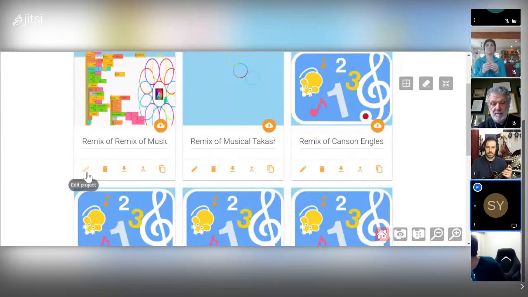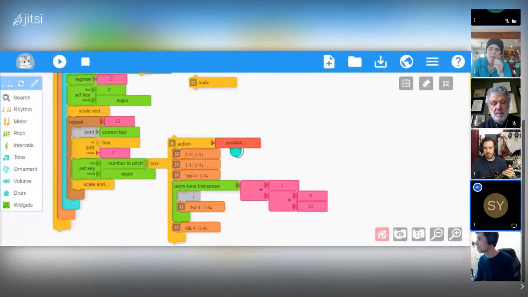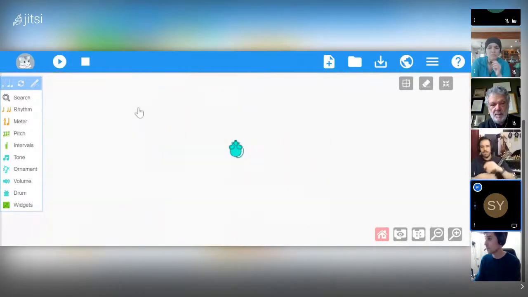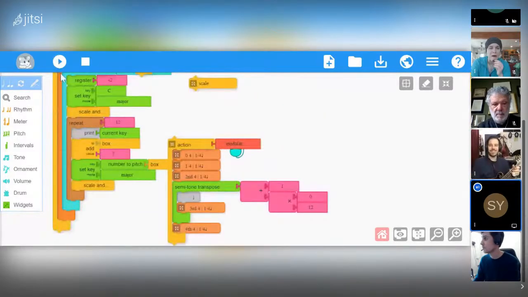So I'm going to be showing a transcription of Kenton in Glossa and a project based off the circle of fifths. This is basic.